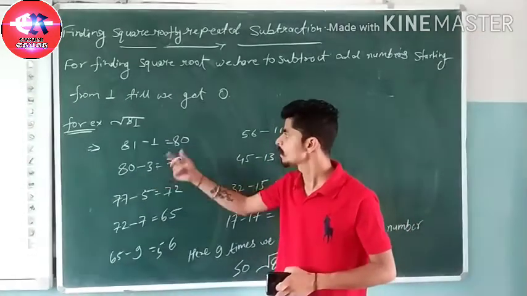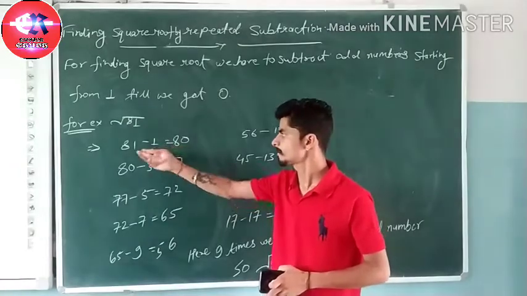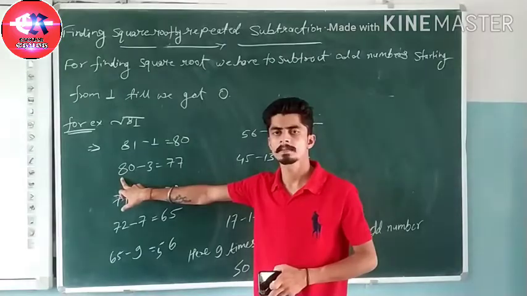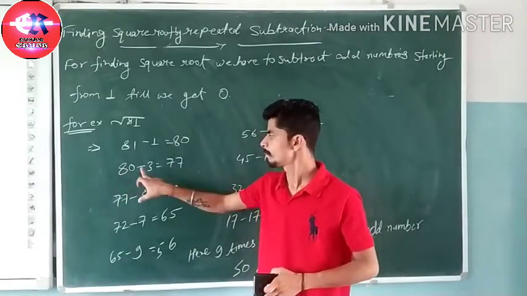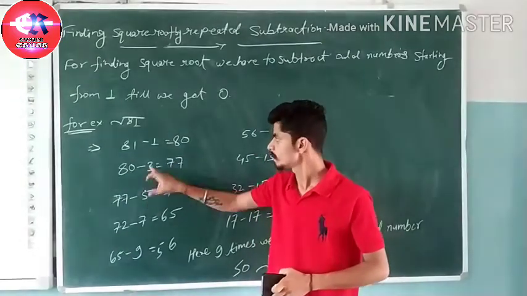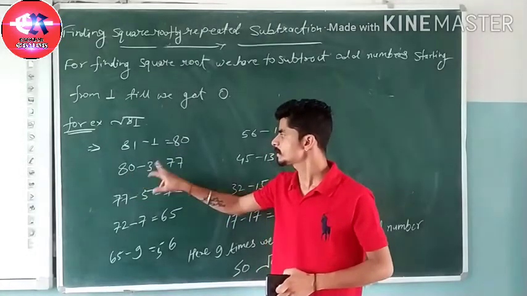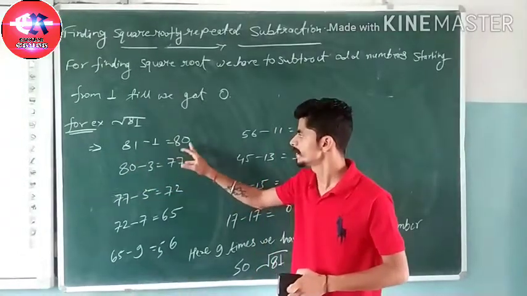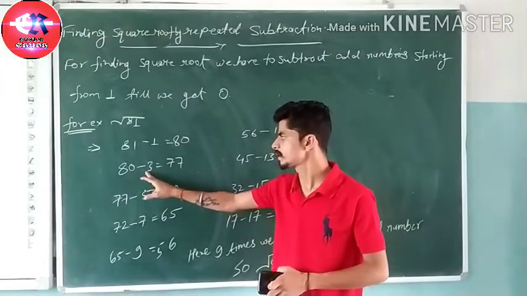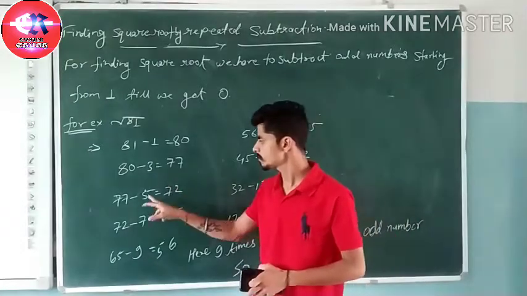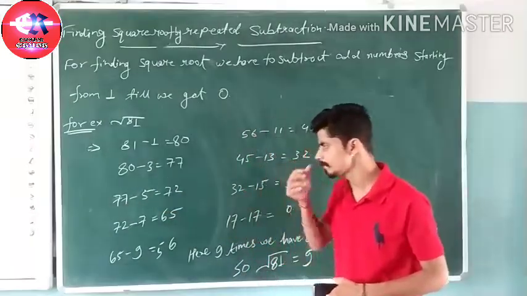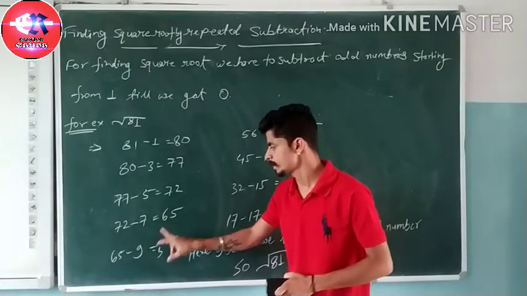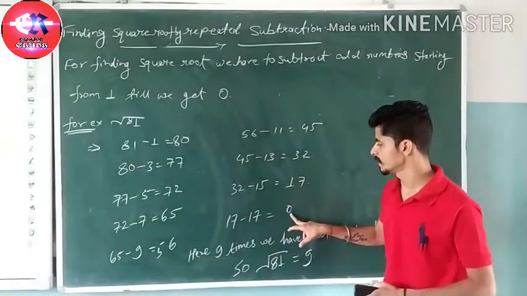Now, whatever answer you got after the subtraction, that means here we get 80, now you have to subtract the next odd number from it. So from 80, we subtract 3, so we get 77. Now 5 will be subtracted from 77, we get 72. So on, 7 will be subtracted, 9 will be subtracted from the answer until we get 0.